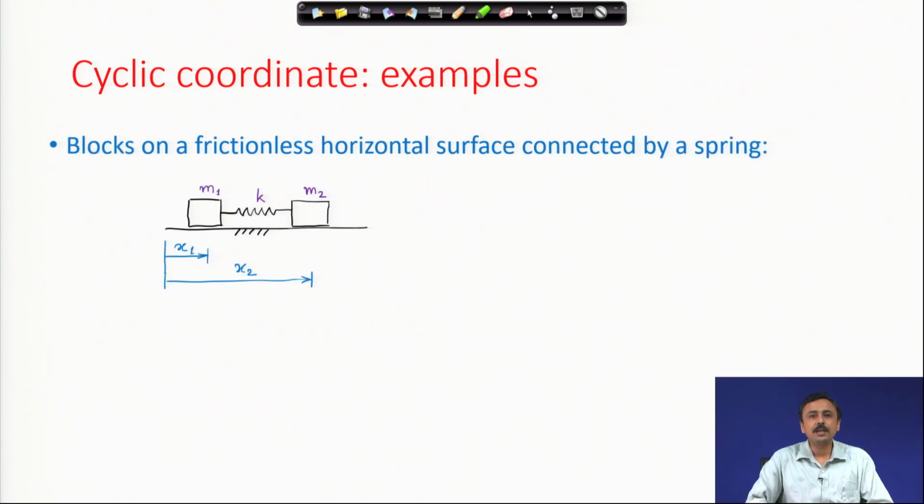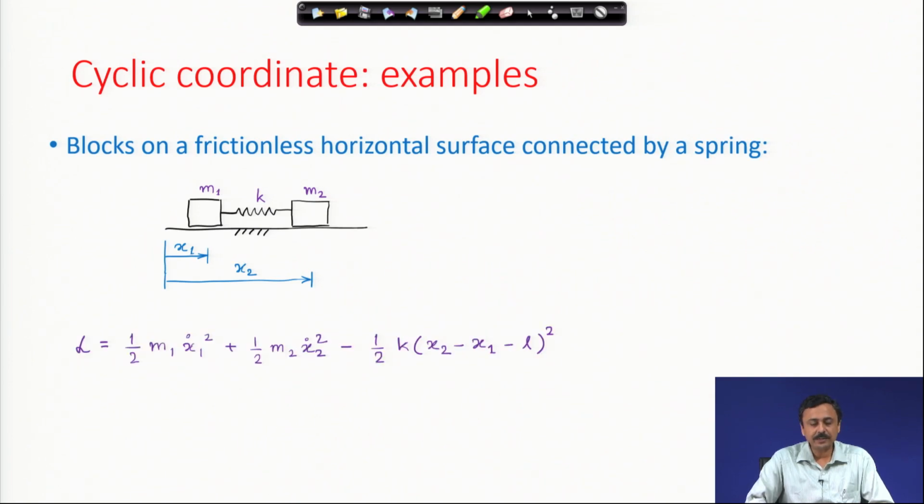Let us consider this example of two blocks on a frictionless surface connected by a spring. I am measuring the coordinate locations of the two point masses, we are considering them as point masses, from a certain datum, x1 and x2, and that is the origin.